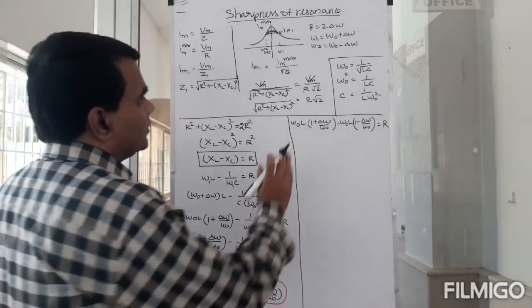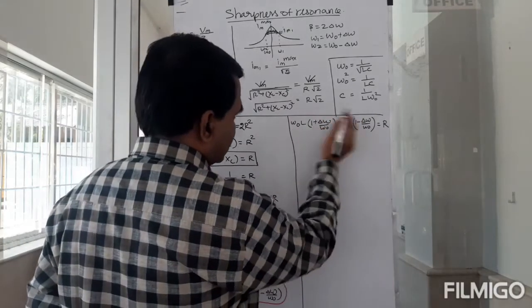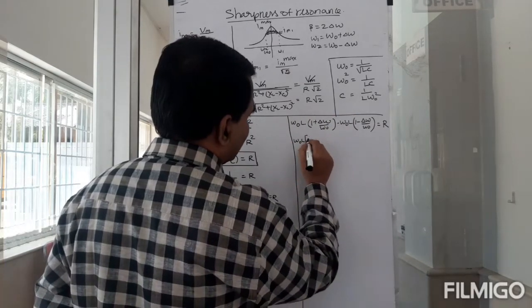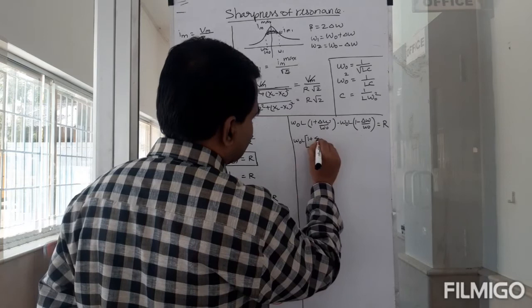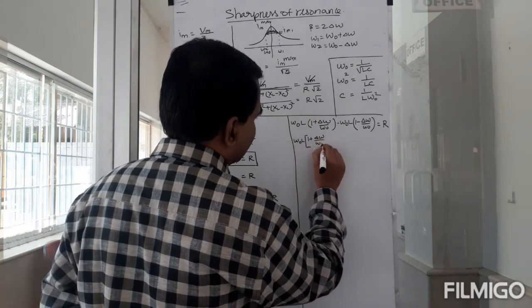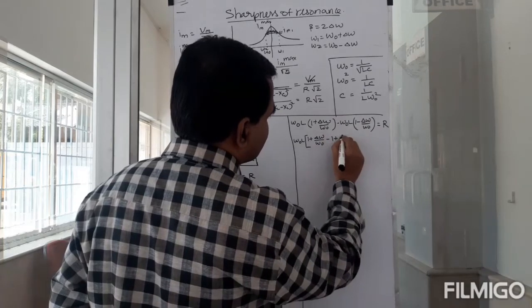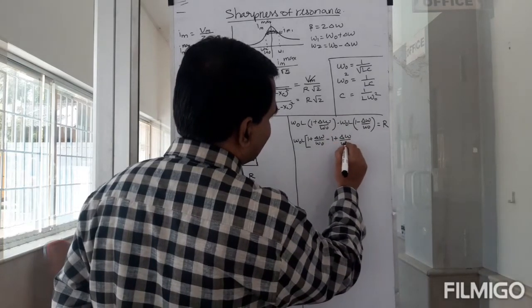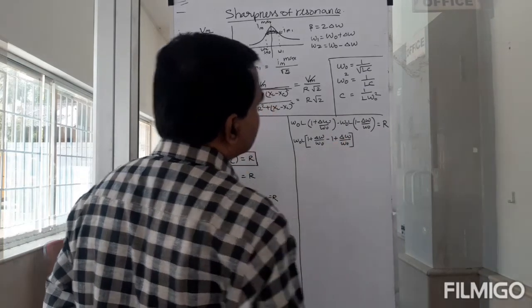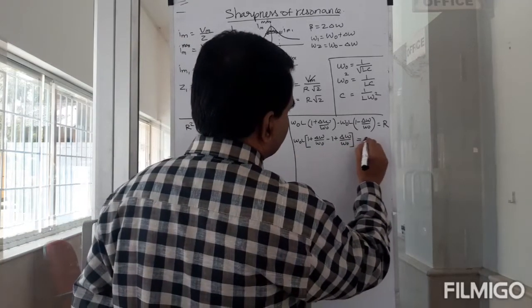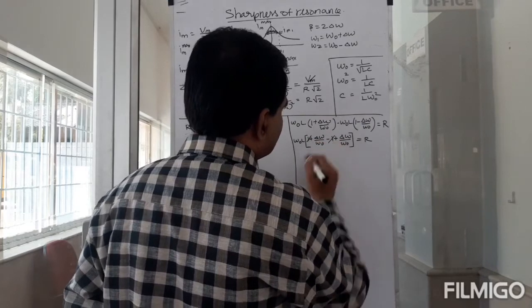Okay, so if I take omega naught L out, I get 1 plus delta omega by omega naught, then minus 1 plus delta omega by omega naught, and that is equal to R. So this one and this one will cancel.